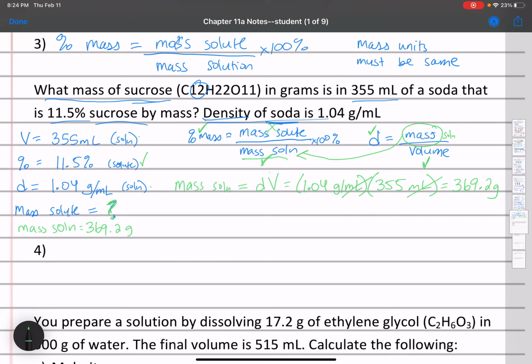So now I can use this equation and solve for X. I know the percent mass is 11.5% equals X, the mass of the solute I'm trying to solve for, over 369.2 grams times 100%. So I'll multiply both sides by 369.2, and I'll divide both sides by 100%.